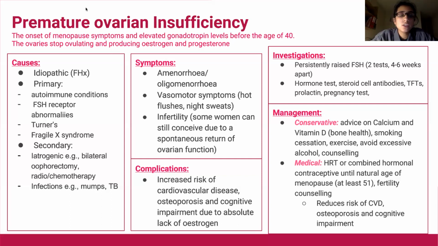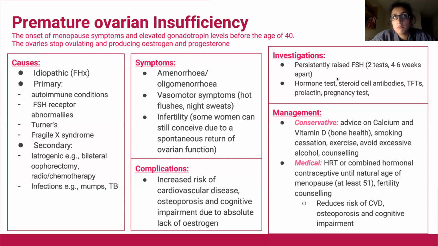In terms of investigations, you can diagnose POI if someone's got a persistently raised FSH. The persistent is the fact that it's over a period of time, so you have to have 2 tests 4 to 6 weeks apart. Other investigations that might be done are hormonal tests, so looking at the LH, FSH, progesterone, estrogen, testosterone.